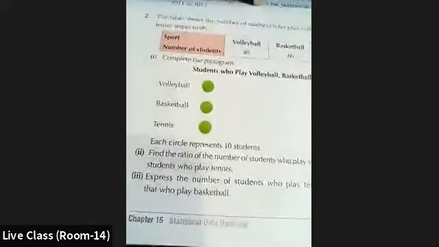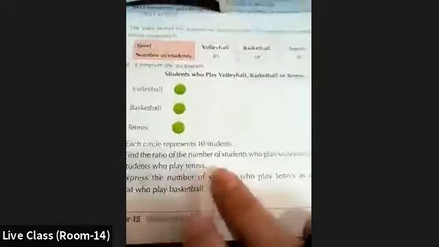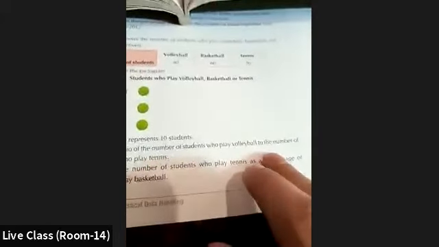Okay, part B is: find the ratio of the number of students who play volleyball to the number of students who play tennis. So how can you write the number of volleyball and the number of, very good Zanan, your answer is correct, number of tennis.